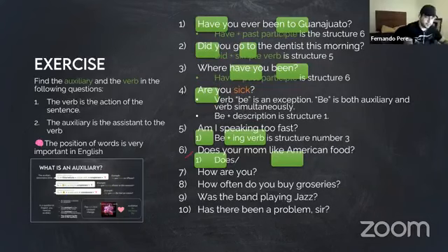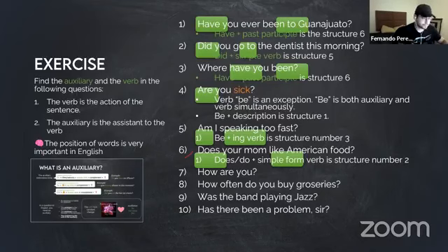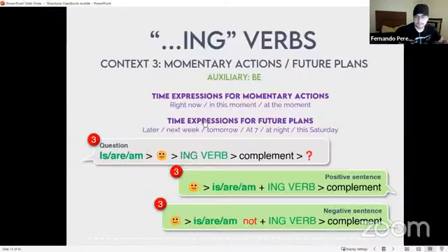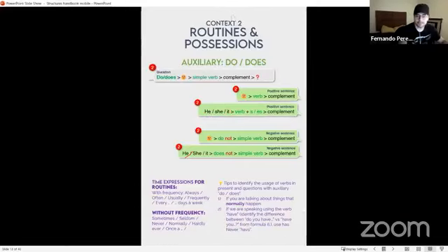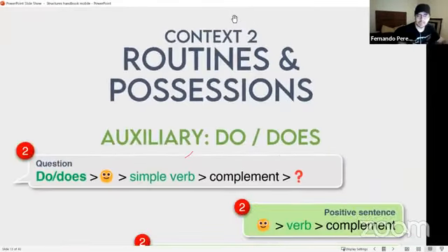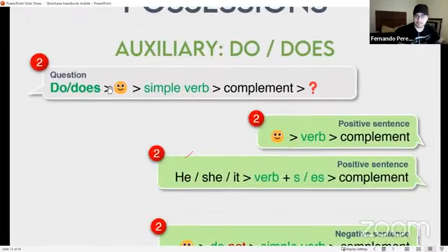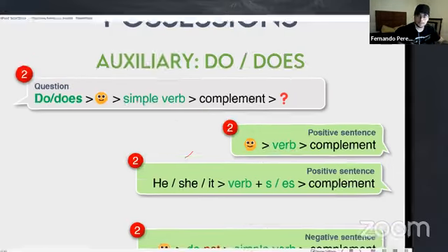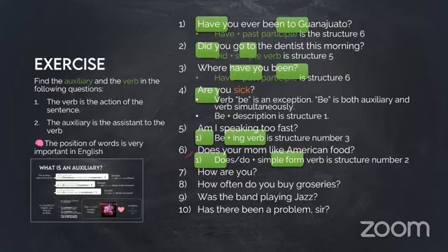Does or do plus simple form verb is structure number 2 in the structure handbook. Routines and possessions. Do and does and the simple verb. Yes. Perfect.